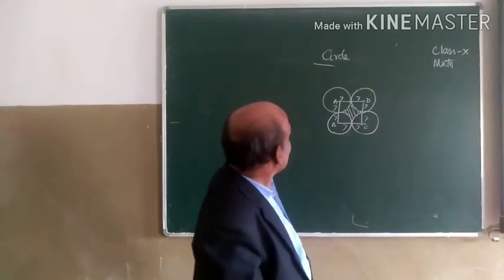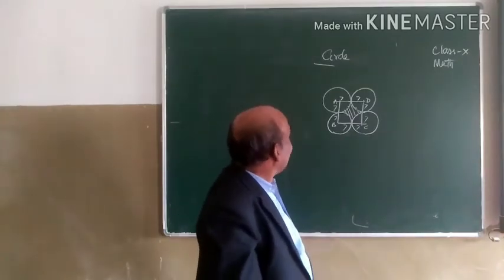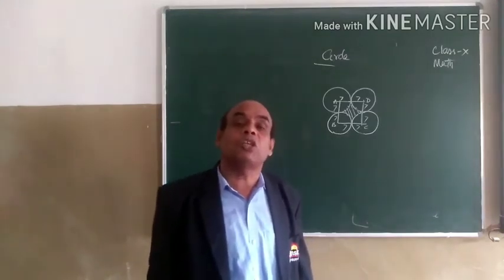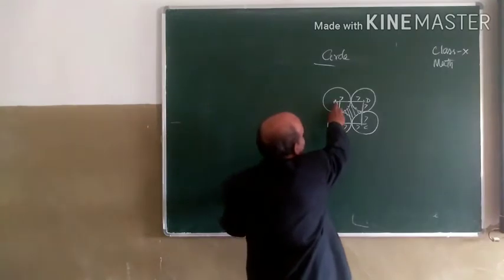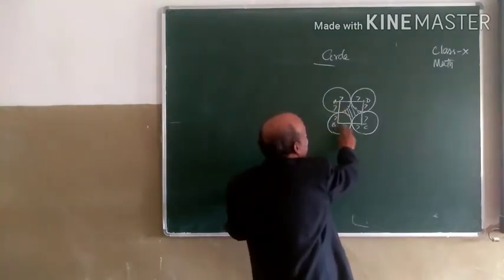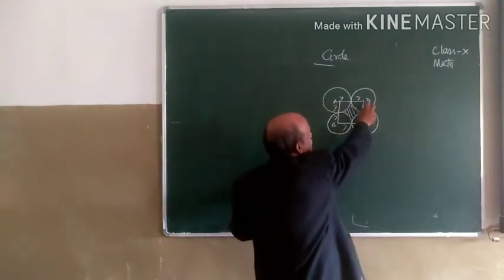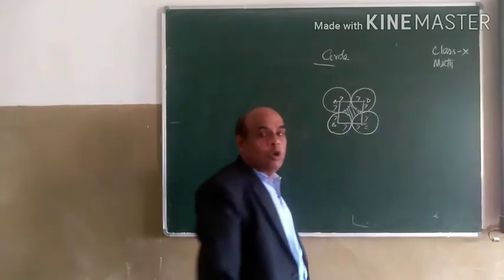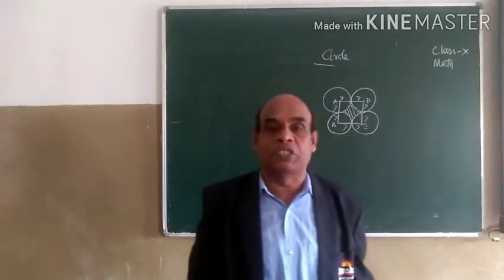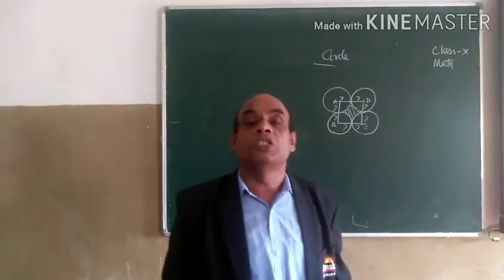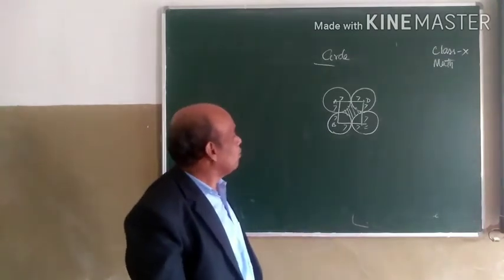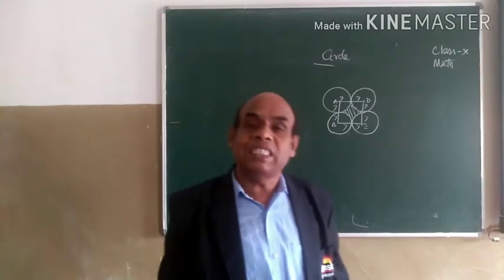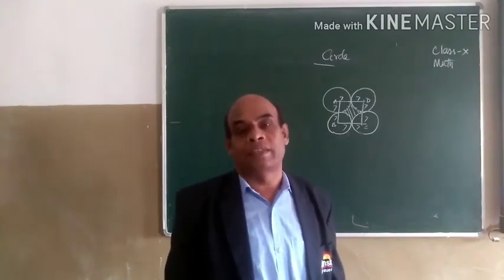So you have to join the centers of all the circles. It means first, here the center is A, here is center B, here is center C, here is center D. So all centers we joined. So what did we get? We got ABCD is a square.